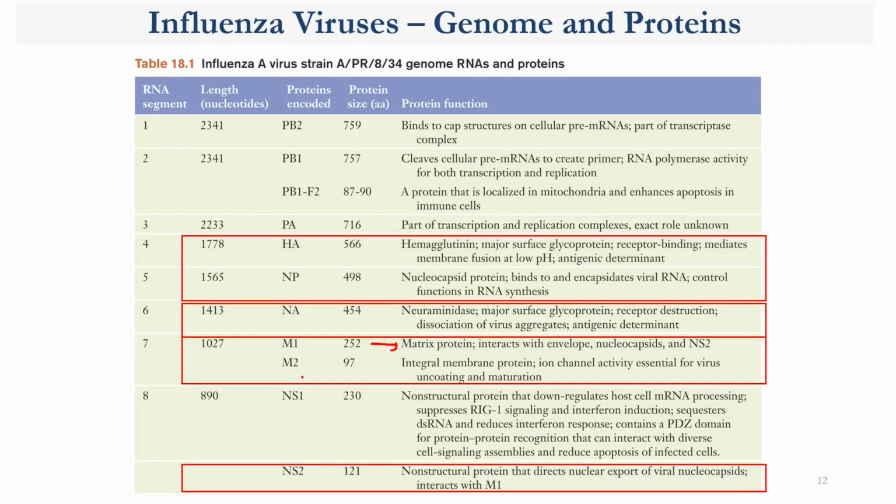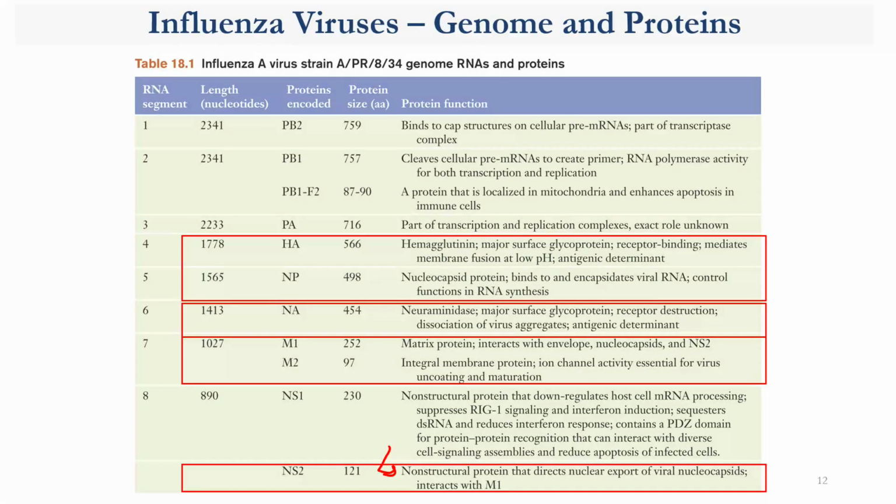Lastly, you have your M2, which is an integral membrane protein, and it has the ion channel activity that's essential for uncoating and maturation of the virus, okay? And lastly, NS2, which is the non-structural protein, and this is something that directs the nuclear export of viral nucleocapsids.